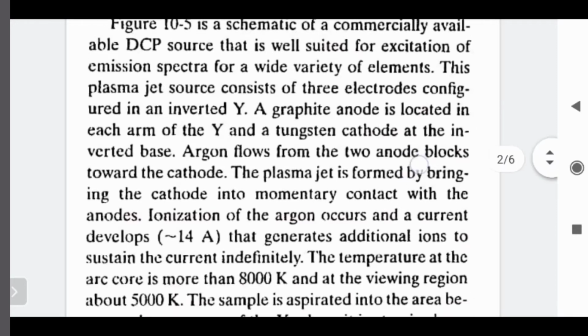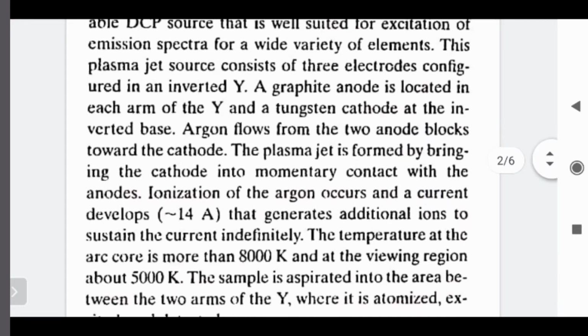Okay, so there are two arms along which electrons are generated, and generally these arms are made up of graphite anode. It is generally an inverted Y-shape device.